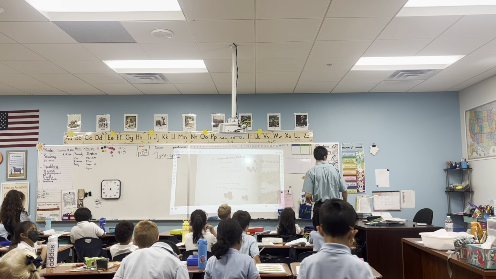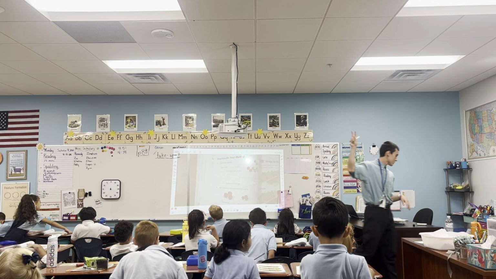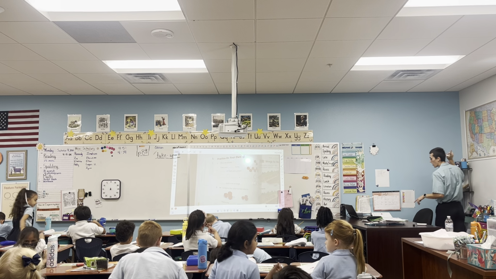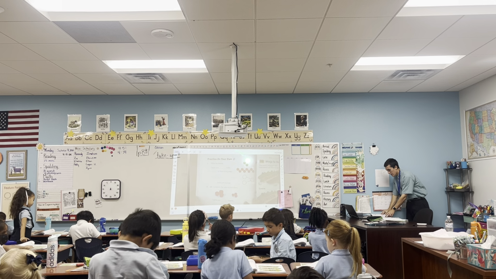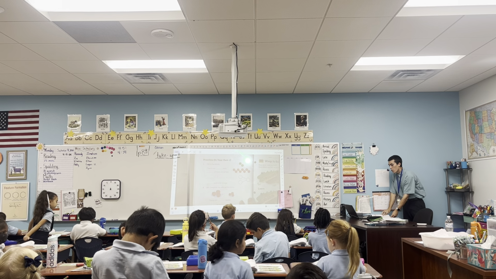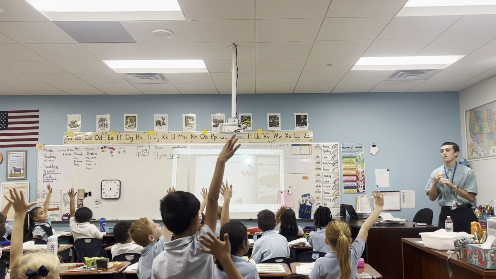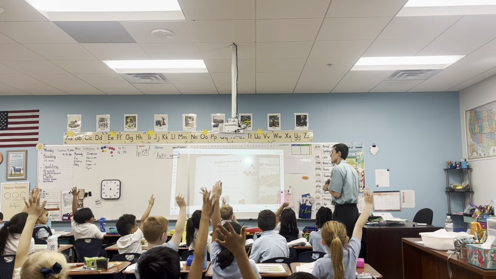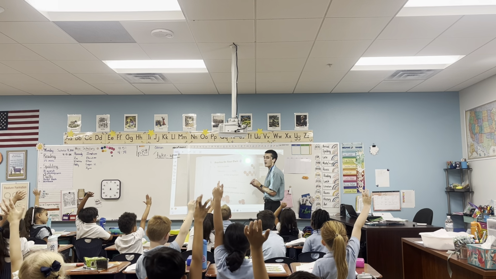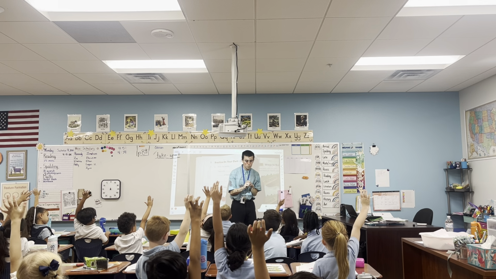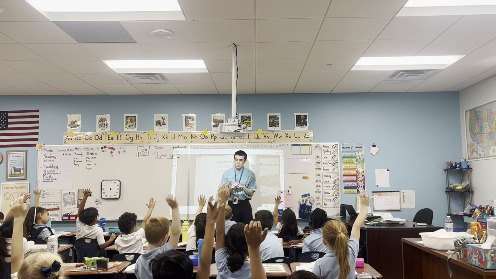Alright, let's bring it back in 3, 2, 1. Alright, who wants to come and do number 1 on the board for us? Let's see, let's pick someone who has been listening, not turn around. Have I been listening?